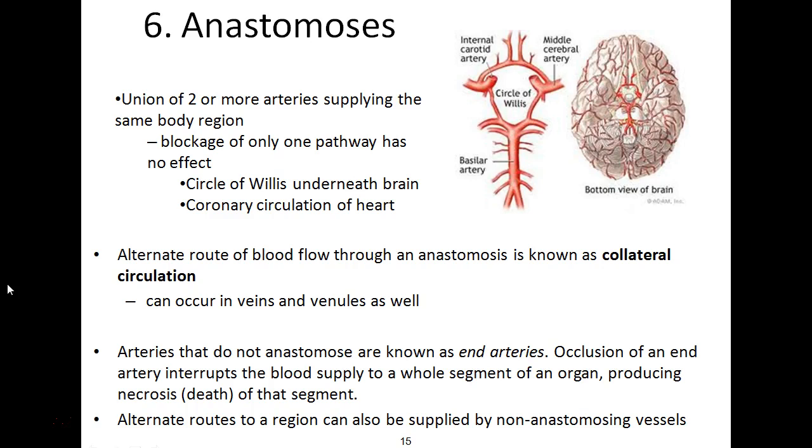There is a quote-unquote detour, so to speak. For example, the circle of Willis in the human brain is a good example of this alternative pathway. If we had blockage in one of these arteries here, there would be a detour so that all the tissue in the human brain can be served with perfusion.